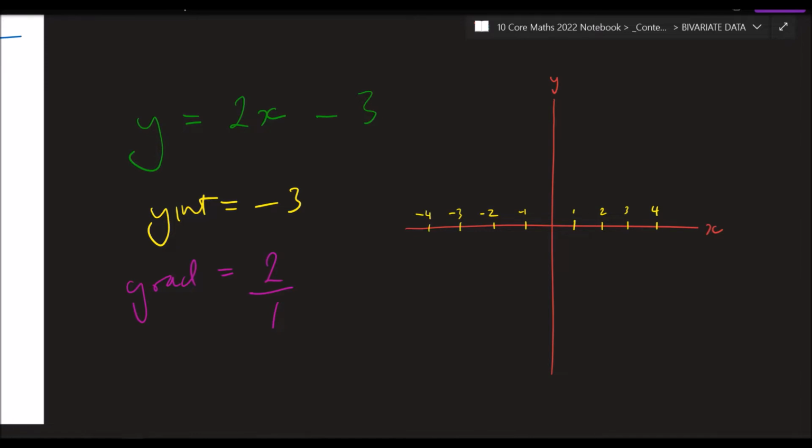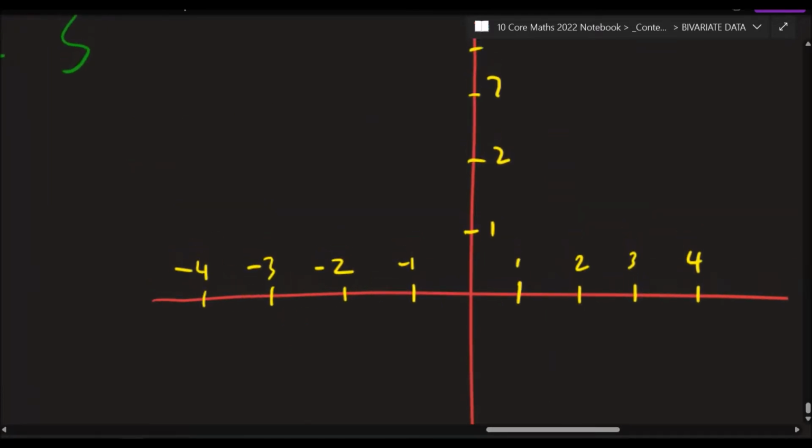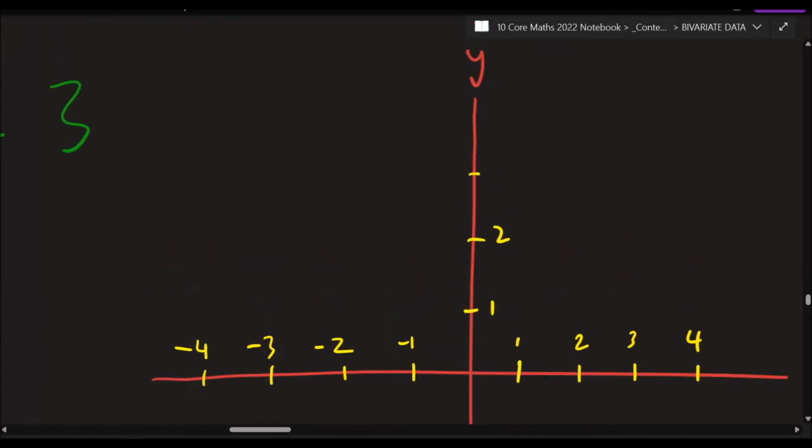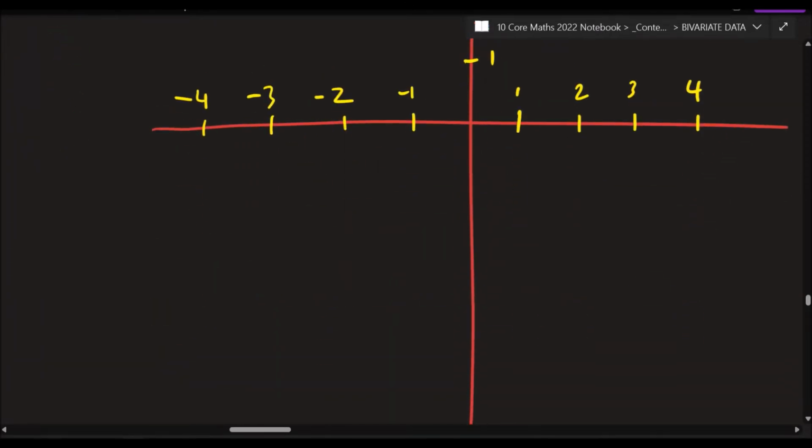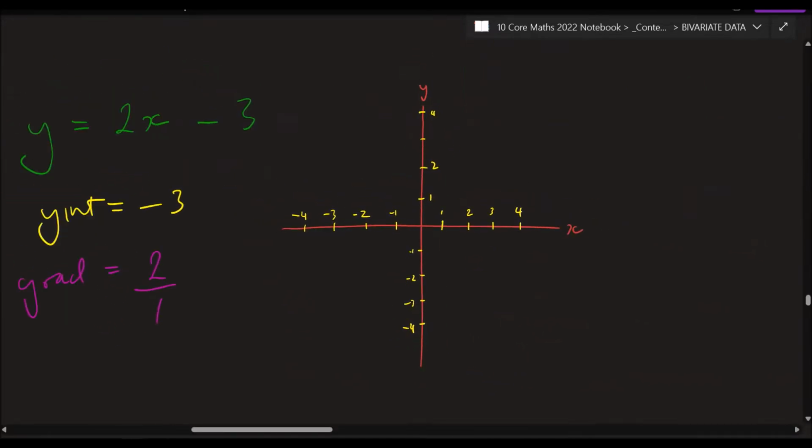On the y-axis, again 1, 2, 3, 4, and on the negative side -1, -2, -3, -4, making sure your lines are equally spaced out. You don't have to do this, but I'm doing it so you can see how we draw the graph.